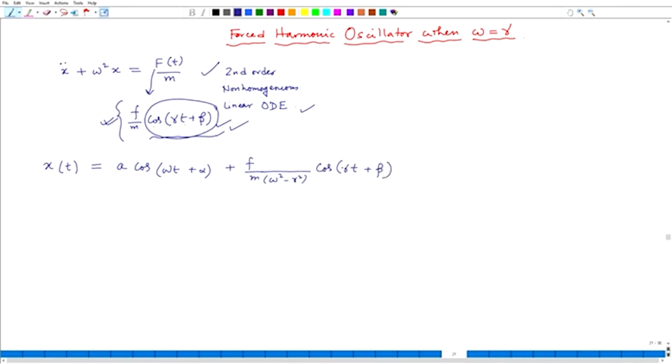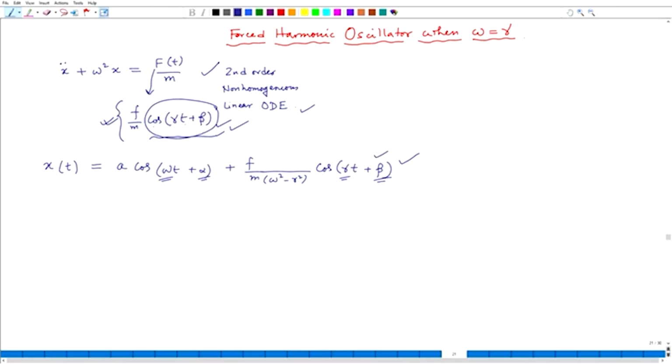So, here you see that omega is the natural frequency and gamma is the force frequency. This alpha is the original initial phase of the system without any forcing, and this beta is the initial phase of the forcing term. Okay. Because the forcing is periodic, it also has a possible initial phase which may or may not be 0.